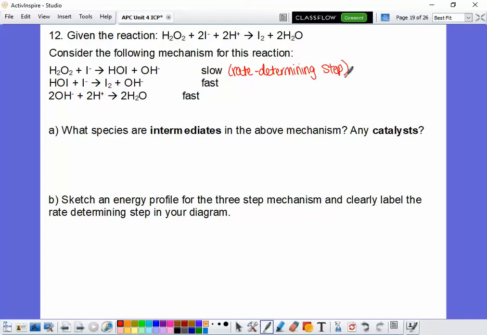Okay? An intermediate is a substance that is produced in an early step and then used in a later step.